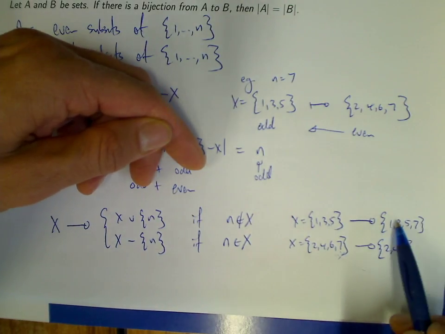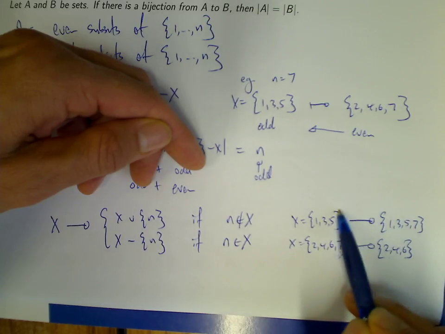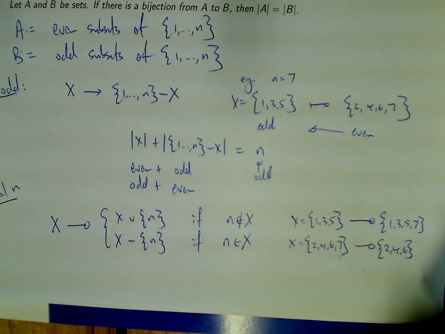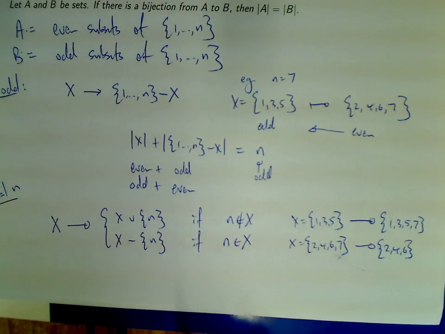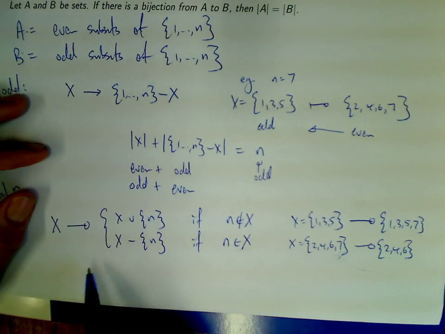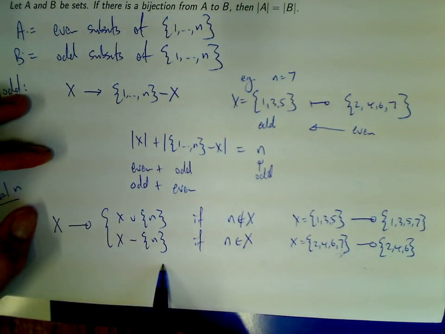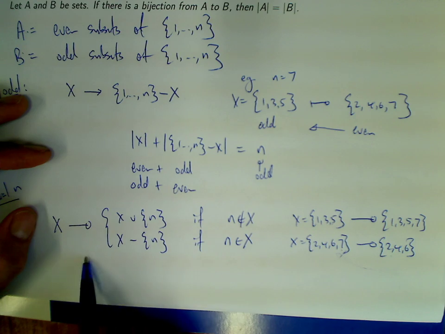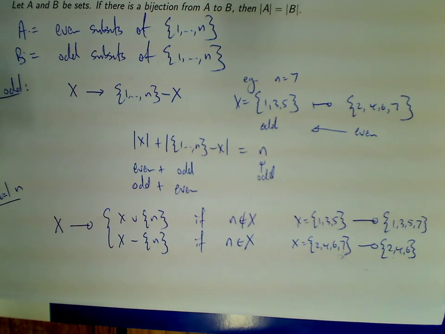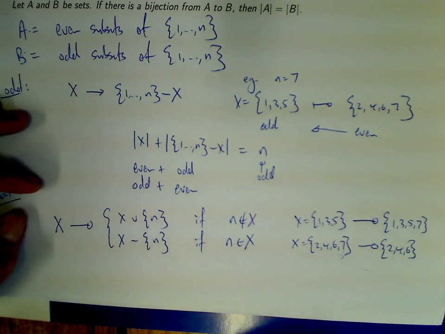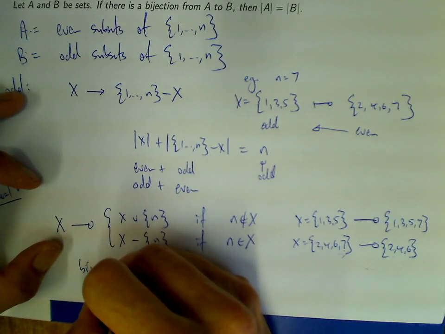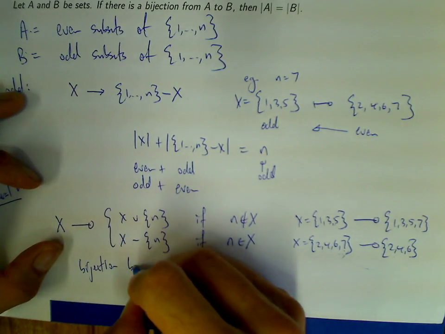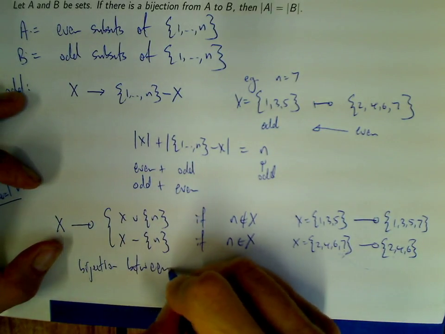And in this case 7 is in it, so I'm supposed to take it out, and that brings me back to here. So this map is an inverse to itself, and every odd set is going to get sent to an even set, and every even set is going to get sent back to the odd set it came from. So this is a bijection between A and B.